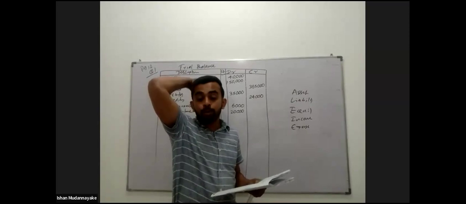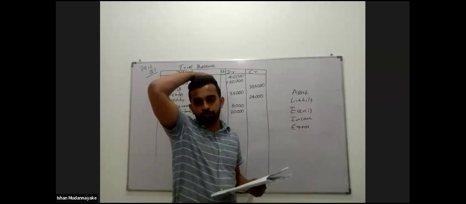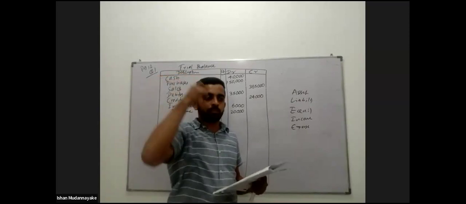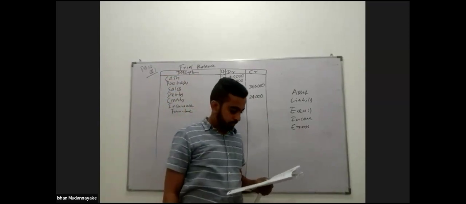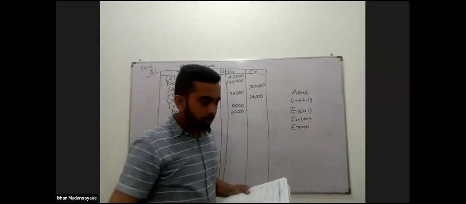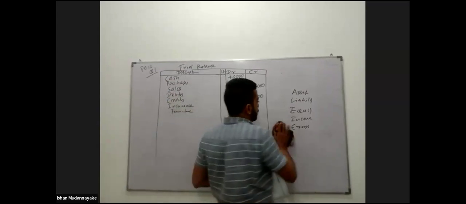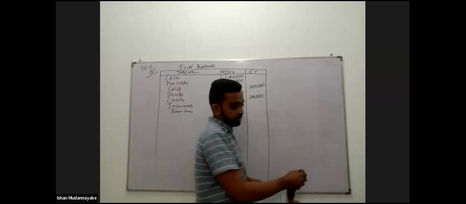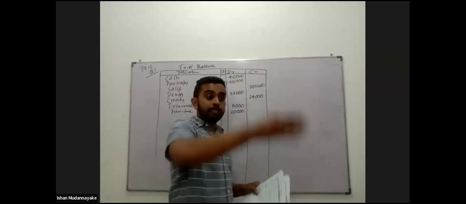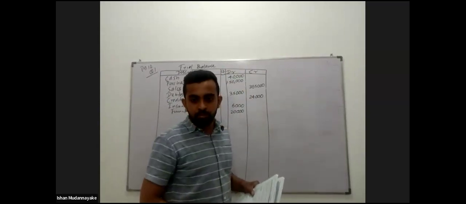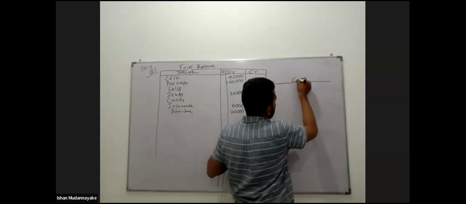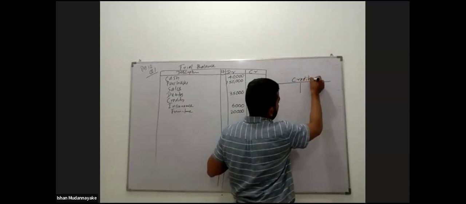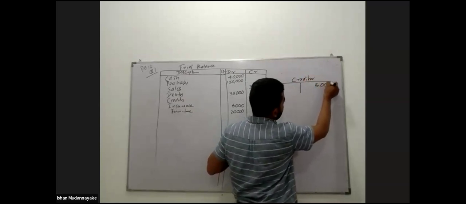Namai, how do we pass the double entry for discount received? Discount received by the business from creditors, suppliers. Let's say you have a payable balance of 50,000 for a supplier, a creditor.